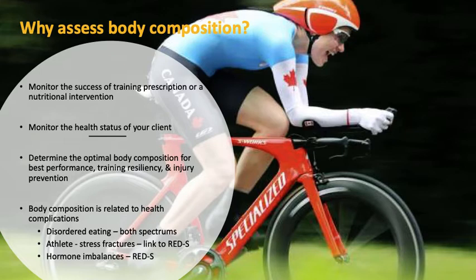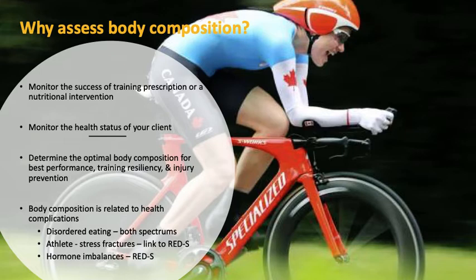So tracking body composition over time for an athlete can be extremely important to track their health. Ultimately, if there is disordered eating or an eating disorder, it can lead to stress fractures and to hormone imbalances, which prevent the athlete from adapting and doing well with training and performance.